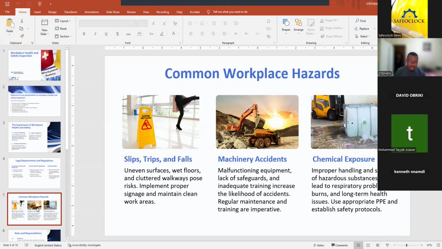And also probably in the process industry, in the facility, in the oil and gas, you could come across chemical exposure, because when chemicals are improperly handled and stored, they create a hazardous environment, which could expose workers to respiratory issues, it could be chemical that can burn the skin, it could be chemical that can cause long-term effects on the individual.